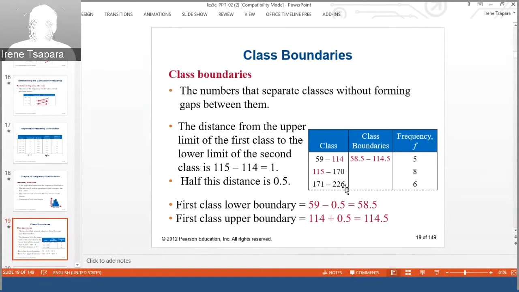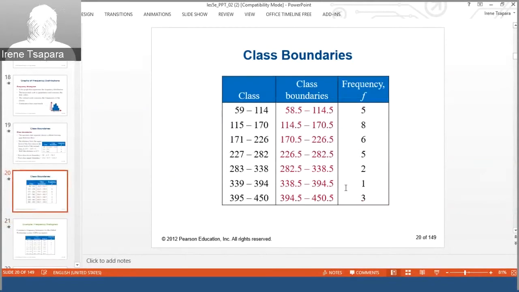So if you want to create the class boundaries for these classes, you go half under the lower limit and half above the upper limit.